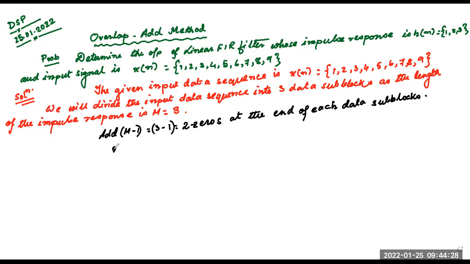So that will be x1(n) equals 1, 2, 3, 0, 0. So these are m minus 1 zeros.